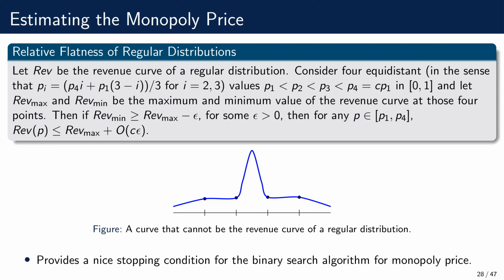So this figure is actually a case that cannot happen. If the 4 points have almost the same revenue, then any price between P1, P2, and P3 should not lead to a high revenue. And such a relative flatness property can provide a nice stopping condition for the binary search algorithm for the monopoly price.